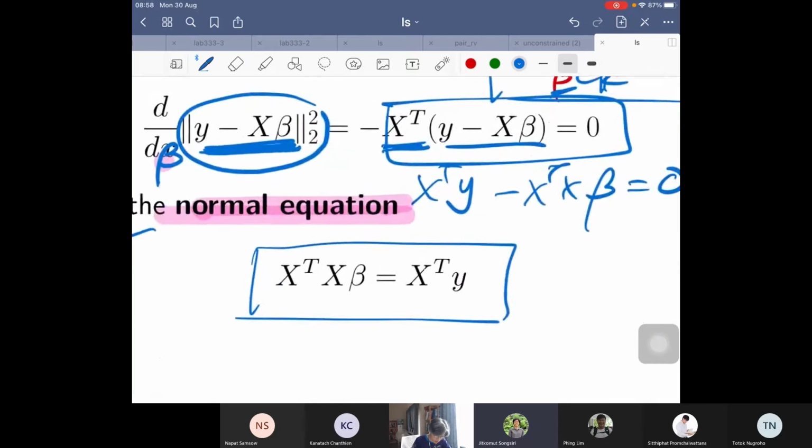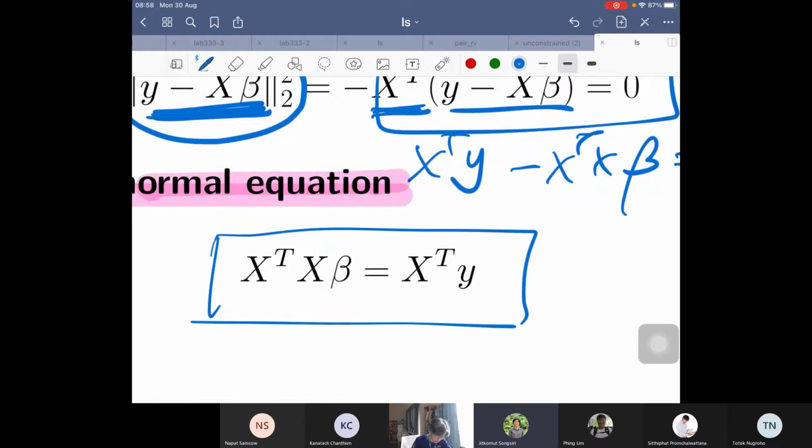Now let's take a look at the dimensions of this. Your x is m by n. Your x transpose is n by m. So x transpose x is going to have size n by n.